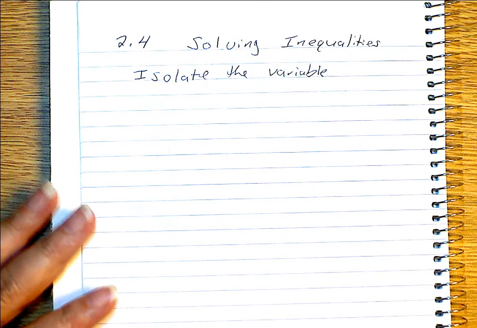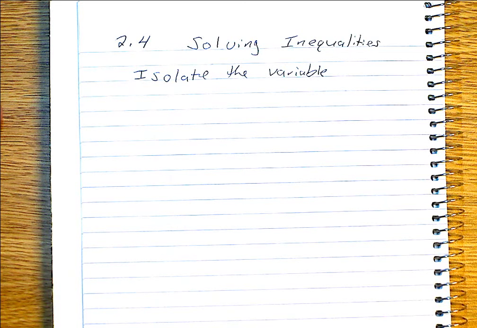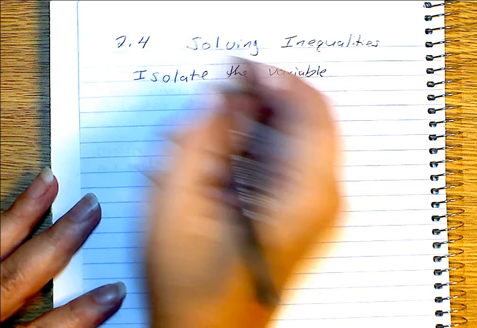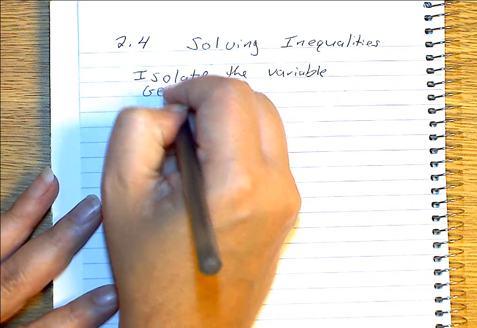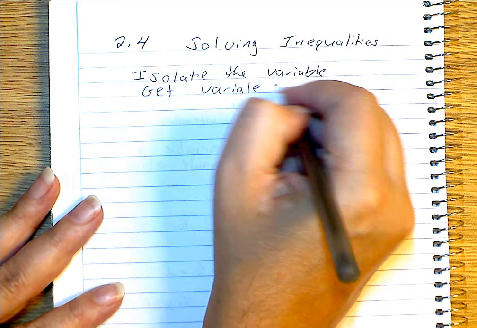And remember that in inequalities, it makes it easier for you if you get the variable on the left-hand side. All right? So I'm going to say to get the variable on the left-hand side.